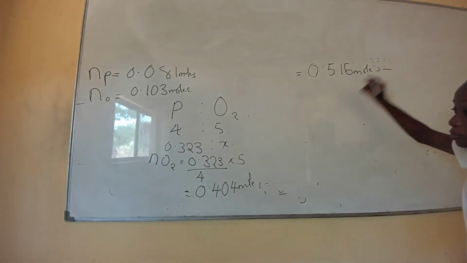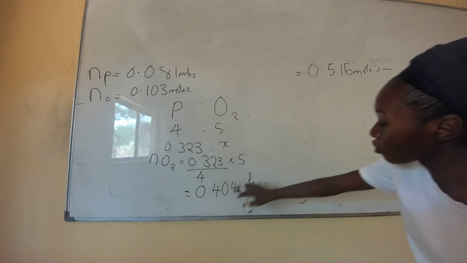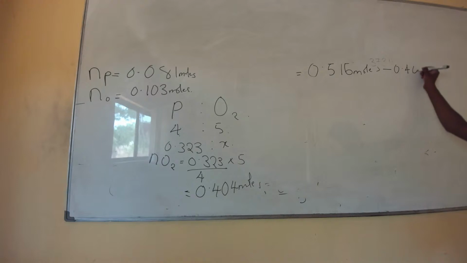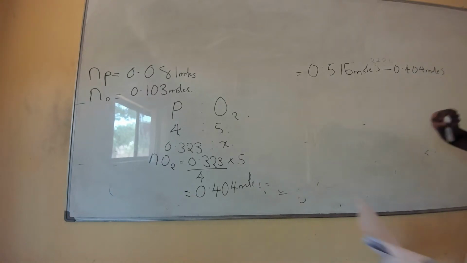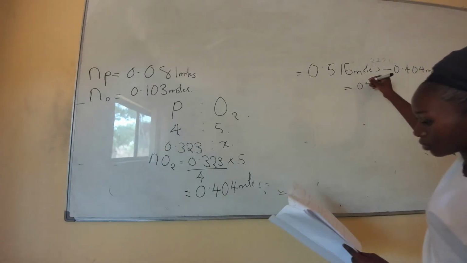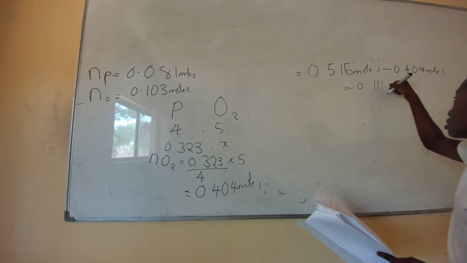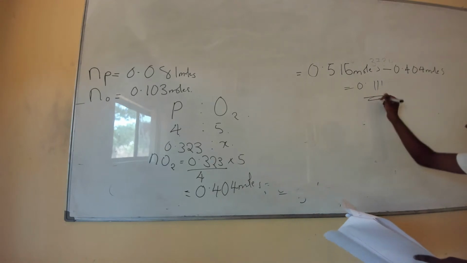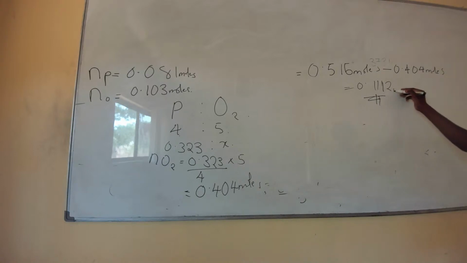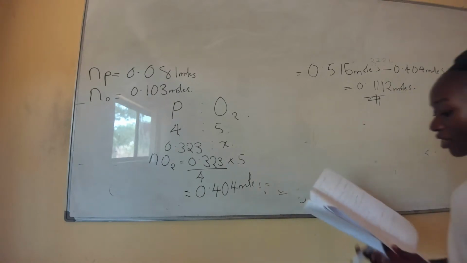And then we're going to subtract from it the number of moles of oxygen that reacted, which is 0.404 moles. So when we subtract, our final answer must be 0.1112. That would be the number of moles that did not react.